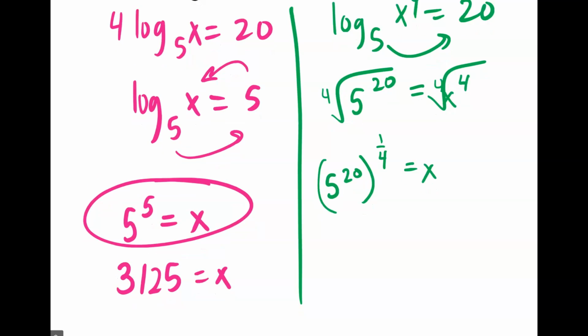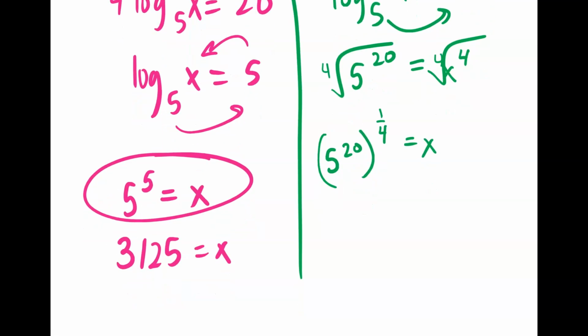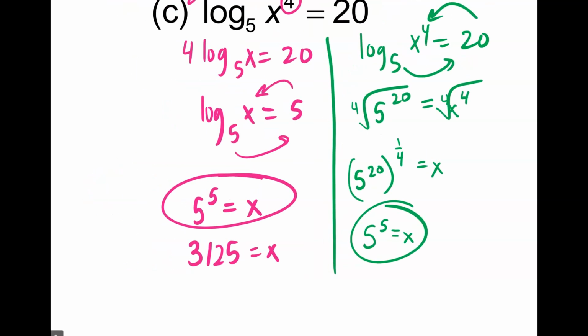When you have an exponent to an exponent, you must do what? Multiply. 20 times 1/4 is 5. Once again, we get 5 to the 5th is equal to x. So it's the same thing. It's just showing you the pink way is the way I originally envisioned doing it, but both ways are valid.